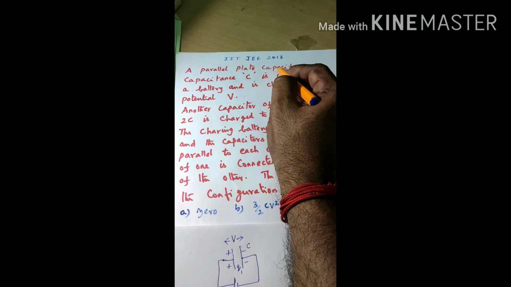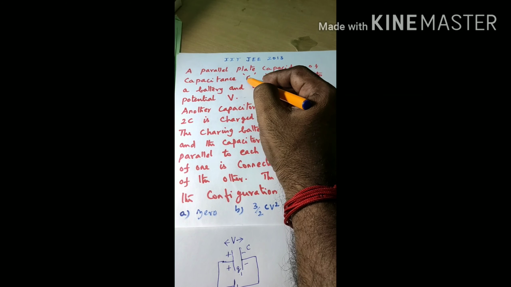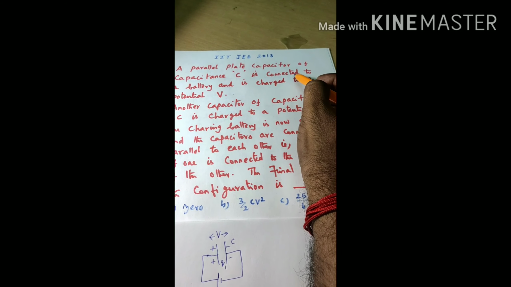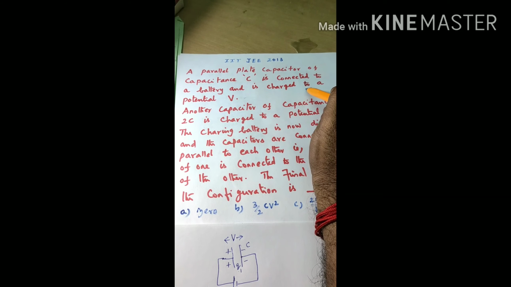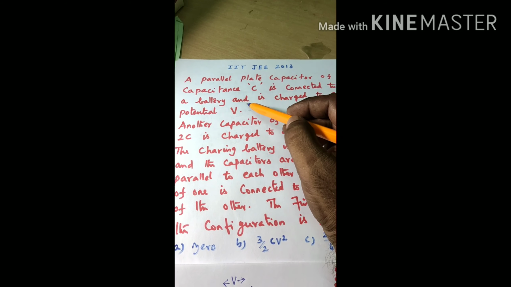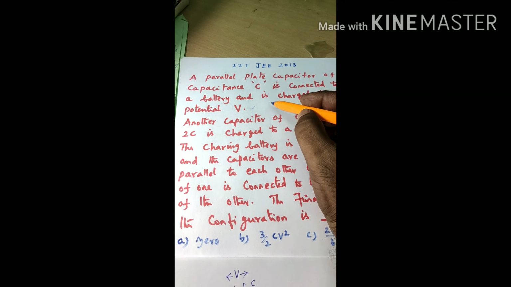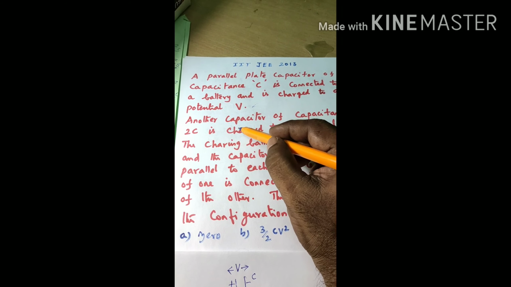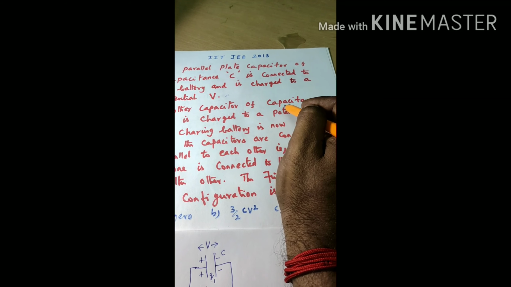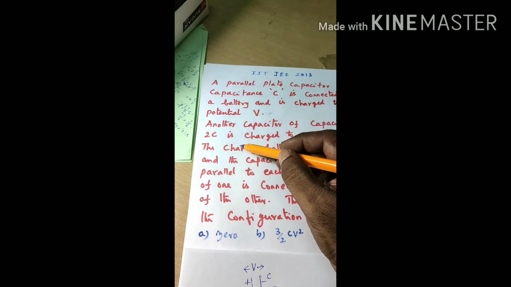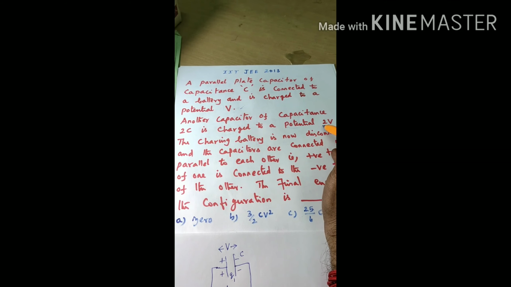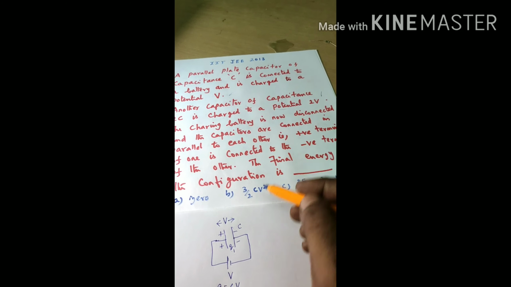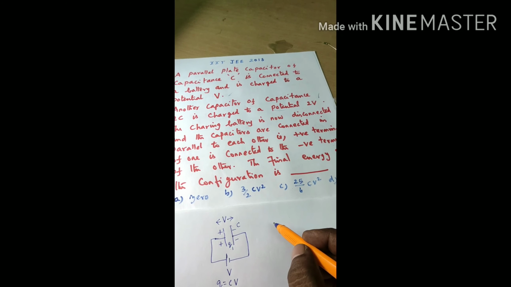Parallel plate capacitor of capacitance C is connected to a battery and is charged to the potential V. Next, another capacitor of capacitance 2C is charged to the potential 2V. So in the next situation, there is another capacitor.